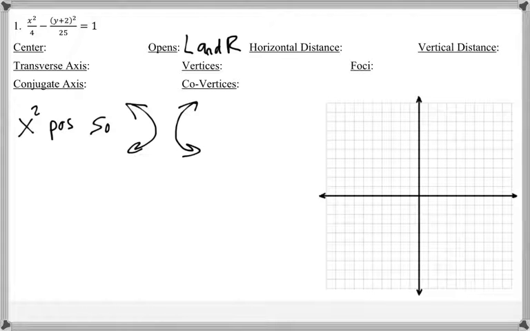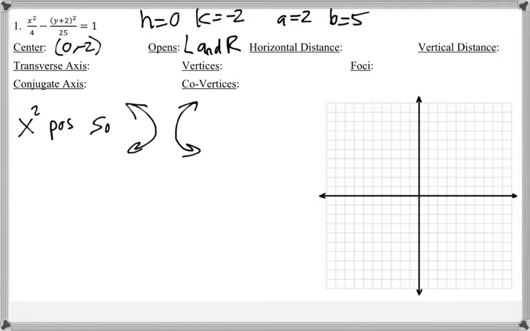Okay, so my information, h is 0, k is -2, a is 2, and b is 5. So my center is 0, -2. It opens up left and right. The horizontal distance is 2, and the vertical distance is 5.